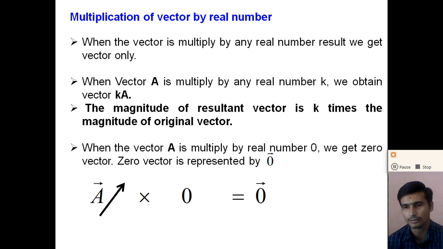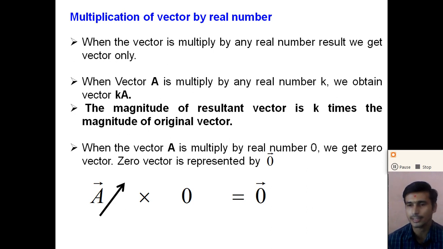Suppose we multiply any vector quantity with a real number or any scalar quantity, right, the result is a vector quantity. For example, acceleration is a vector quantity. If we multiply acceleration with the scalar quantity mass, we get a force. Here force is also a vector quantity. So if we multiply a vector quantity with any scalar quantity or any real number, the result is a vector only.